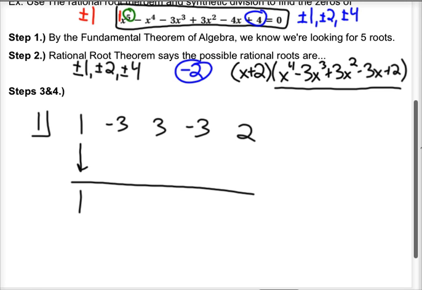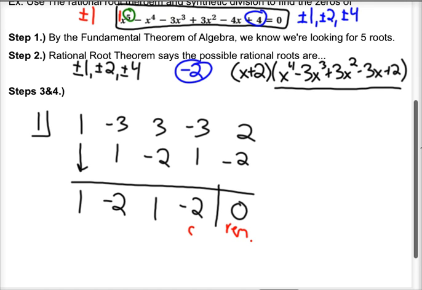Now we're going to do our process again. Pull down the 1, then multiply by 1, add, multiply by 1, add, multiply by 1, add, multiply by 1, add. So this is what we have remaining: our remainder, our constant, x term, x squared term, x cubed term.